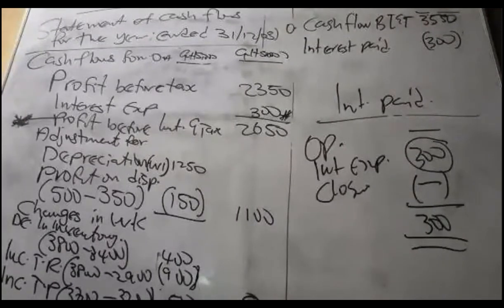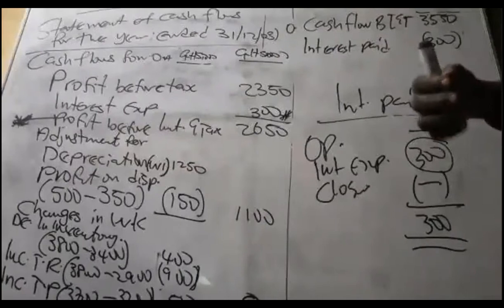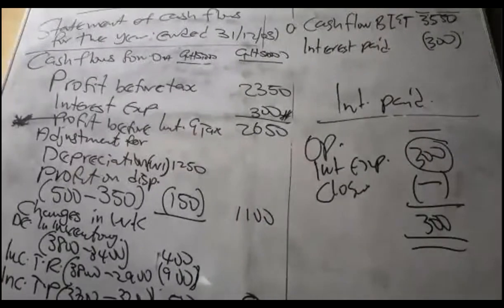Now let's go to tax paid. What if the 10% interest typically was 200 and then it increased to 300? You will assume that the difference of 100 is the additional. Exactly.